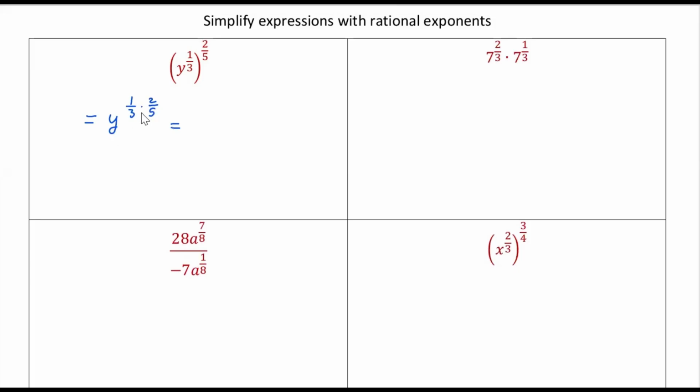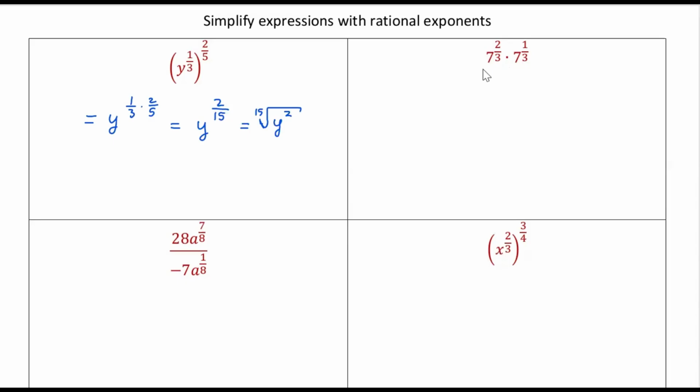So y to the power 1/3 times 2/5 will equal y to the power 2/15. We can keep it this way, or we can write it back in radical notation. So in radical notation, we can say this is y squared inside the 15th root.